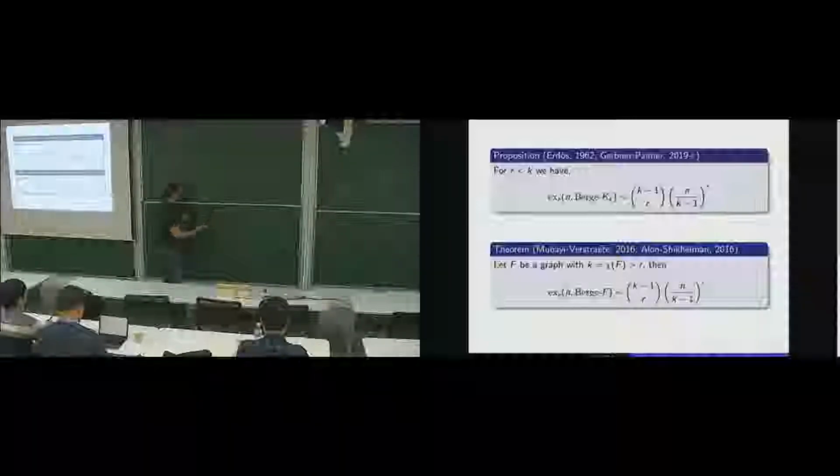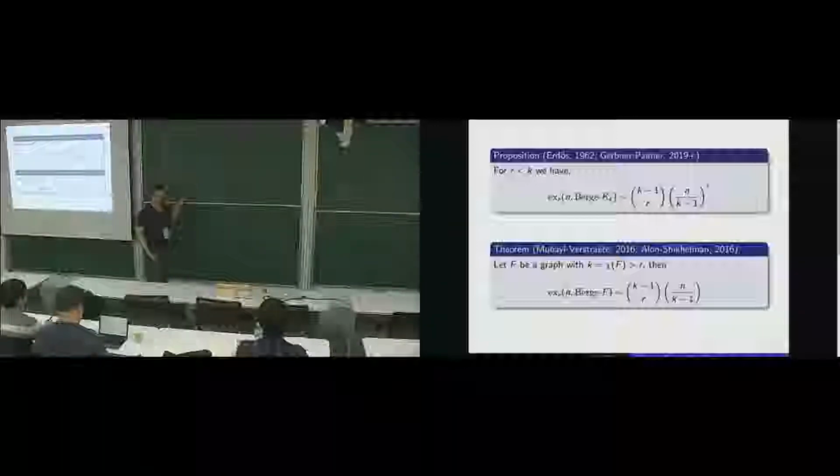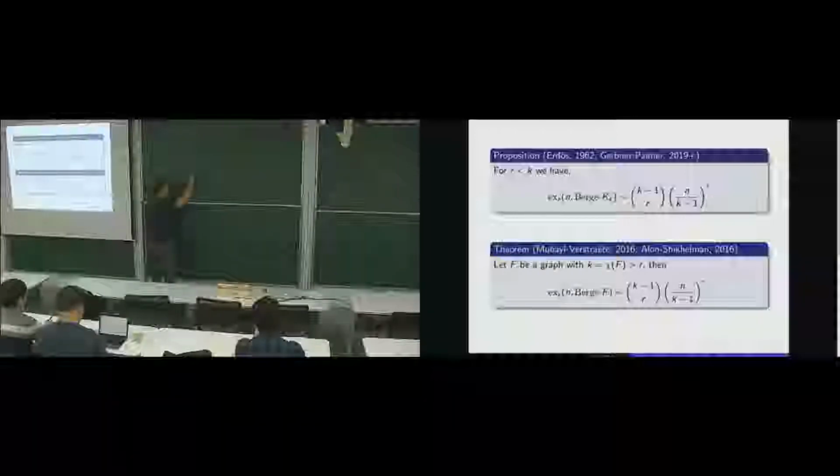Right? So that means that somewhere in this graph lives a complete graph on k plus 1 vertices. But if there was a complete graph on k plus 1 vertices, at least two of its vertices would appear in one class together, because there's only k minus 1 classes. And then it would mean, well, one of the hyperedges of this Berge K_k got mapped to that pair. But was there any hyperedge that contains both those vertices? No, not by construction.